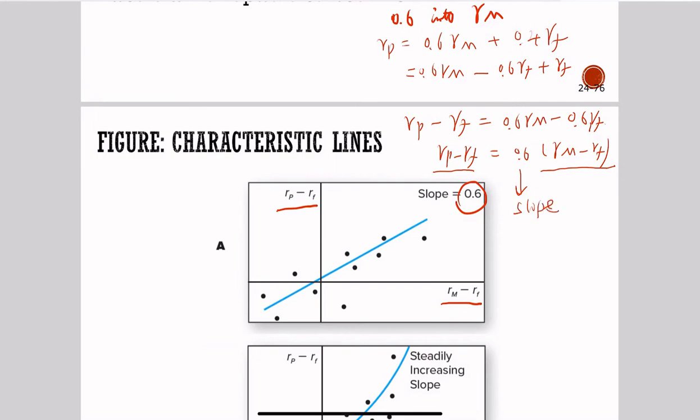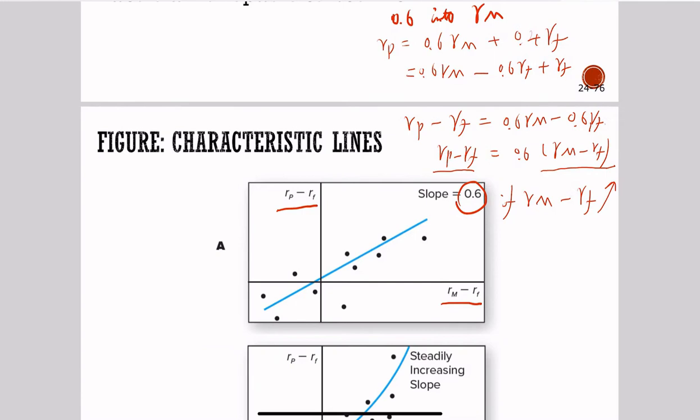So this gives you the idea of how to evaluate a fund manager's skill in timing the market. Ideally, if you think the market return will be higher, then you should invest more money into the market.